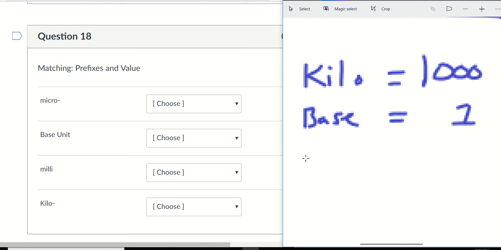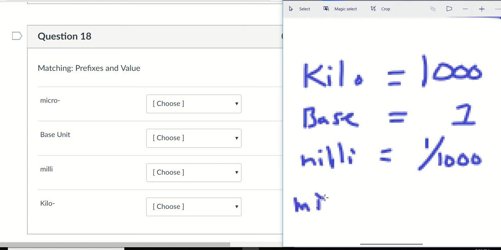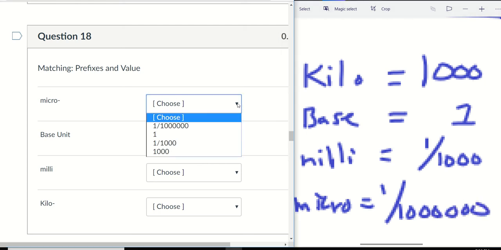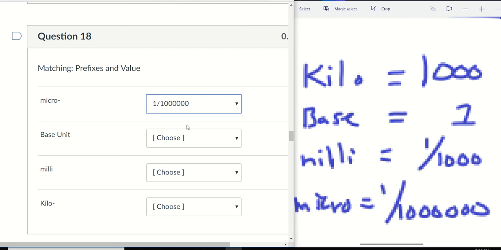All right. Milli is 1/1000, and micro is 1/1,000,000. Yep. 1, 2, 3, 4, 5, 6. So micro would be 1/1,000,000. Base unit is 1.